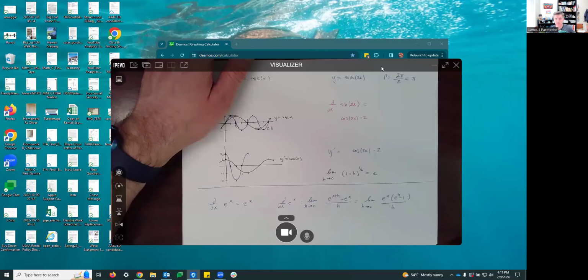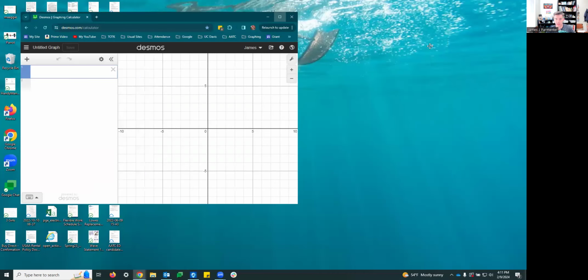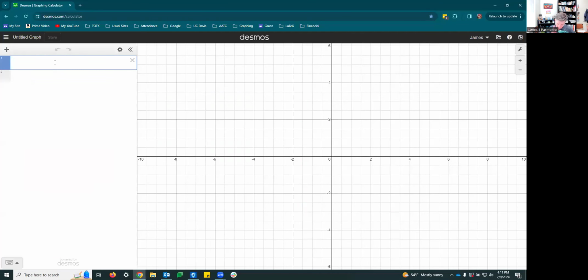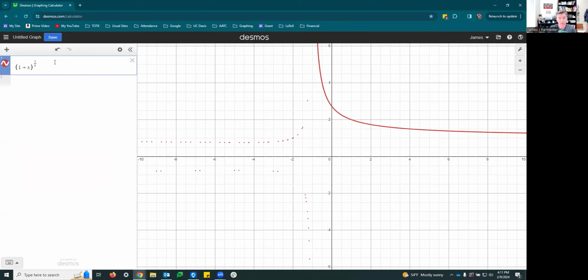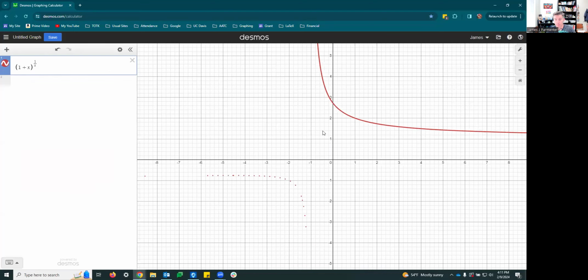So for a second, I'll just point out, if you look at, I'm going to do (1 plus x) to the 1 over x. There's (1 plus x) to the 1 over x. It's not well defined for a lot of it.